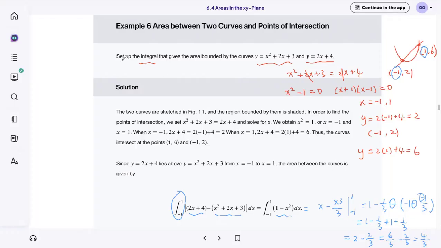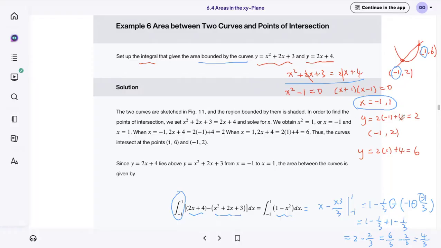So for questions like this one, where we're not given the lower limit and upper limit, and we're asked to find the area bounded by the two curves, we need to find the intersection points by equating the two functions, then solve for the x values. In this case, x equals -1 and 1. Then we need to find the corresponding y value.